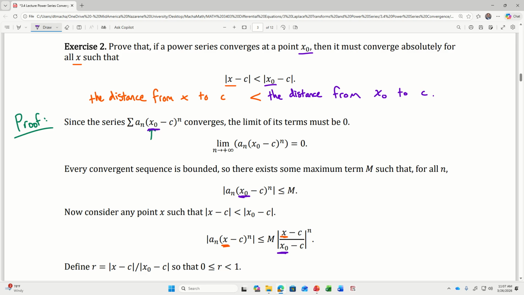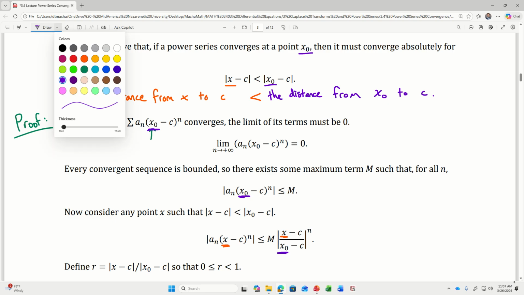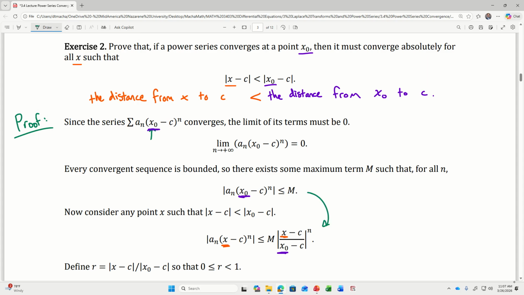What this means for the right side of the inequality is if I take this and I multiply both sides by x minus c to the power n, and then divide both sides by x0 minus c to the power n, that's how we get to this point.